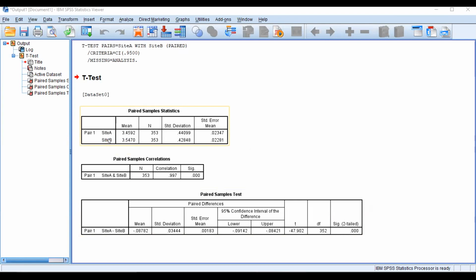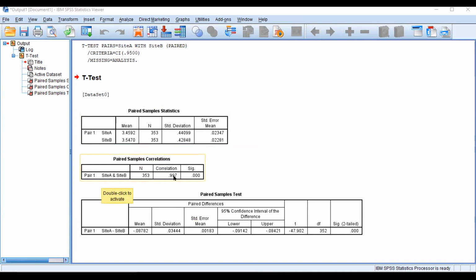Next, there are three tables. The first table gives the descriptive statistics: the mean, standard deviation and standard error. The second is the paired sample correlation.